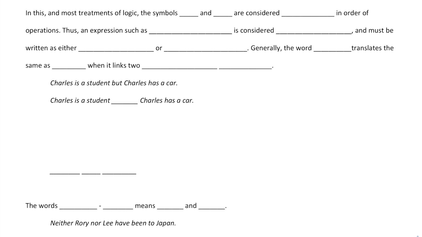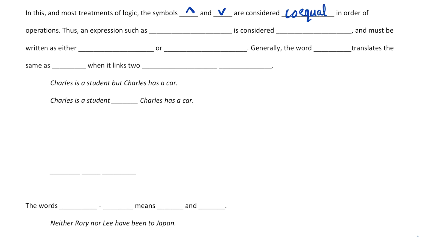In this and most treatments of logic, the symbols for and, or are considered co-equal. So this is a little weird. They're co-equal in order of operations.